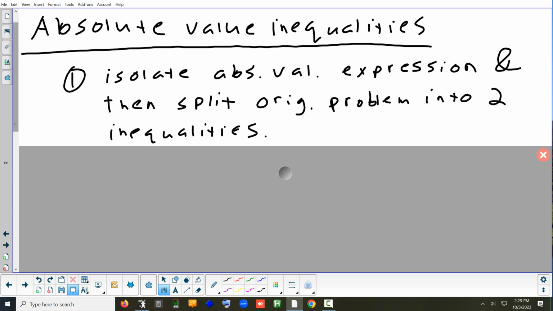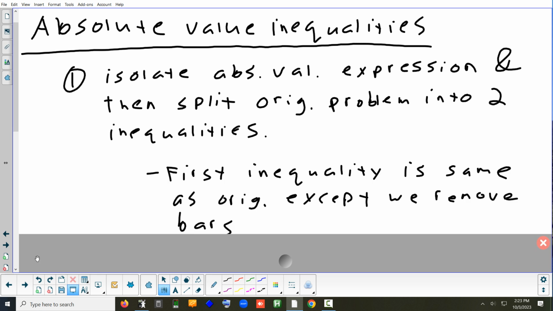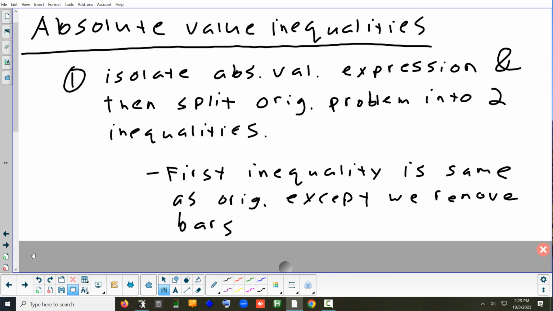Now, the first one, that's the simple one. You just take the original problem and you get rid of the bars. So the first inequality is the same as the original, just remove the bars. Now the second one is very similar to what we did yesterday. Does anybody remember what we did for the second one? We took out the bars, but we had an extra thing.